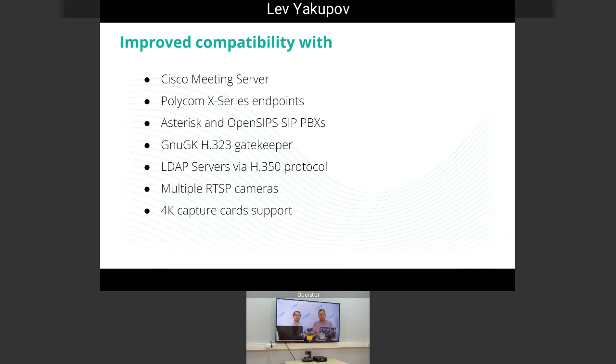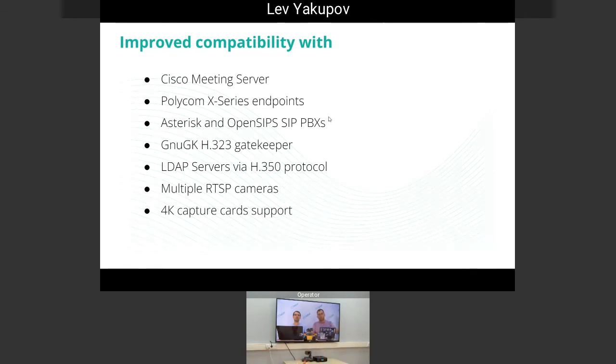We supported high resolutions and better content quality for the latest generation of Poly X series endpoints like X30, X50, X70. We provided better support for telephony integrations. Currently, the endpoint is often used to invite a telephony subscriber, like a PSTN number, to the meeting, for example.